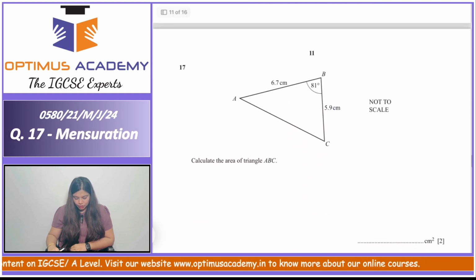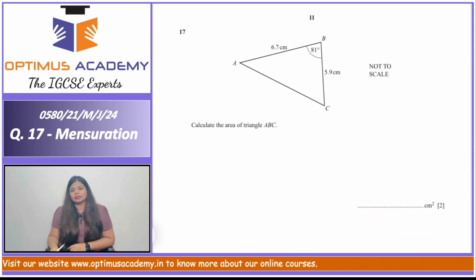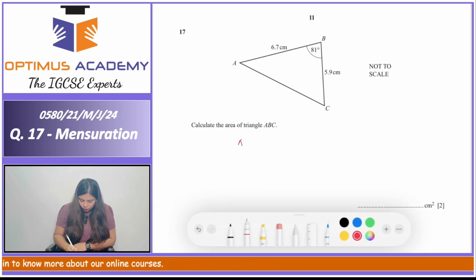Next question, question 17. They have given us a triangle and they have asked us to calculate the area of triangle ABC. So area of triangle ABC formula would be half into a into b into sine theta.